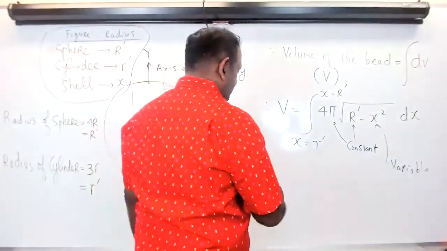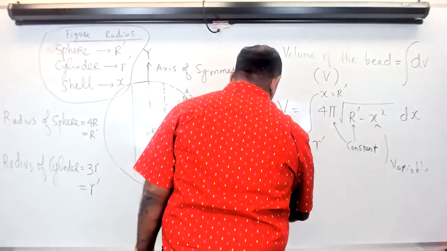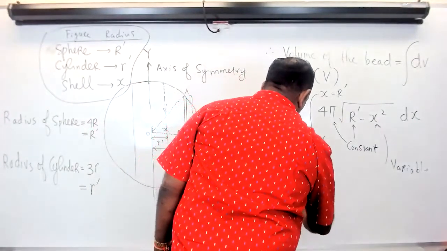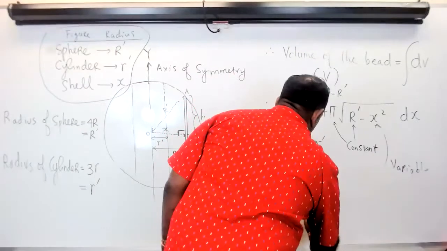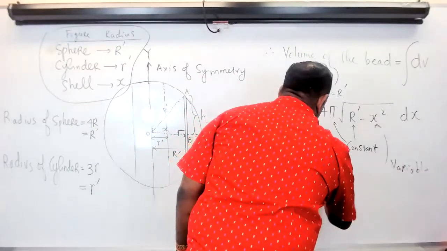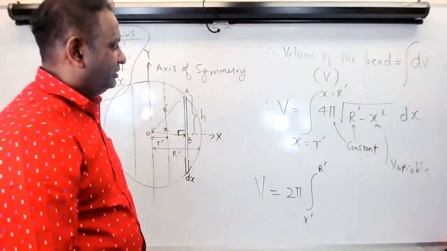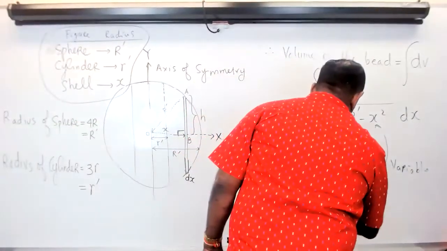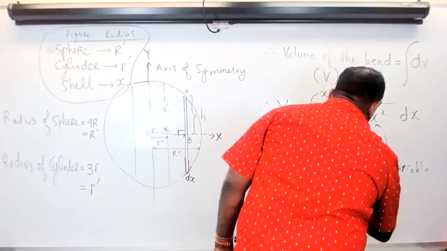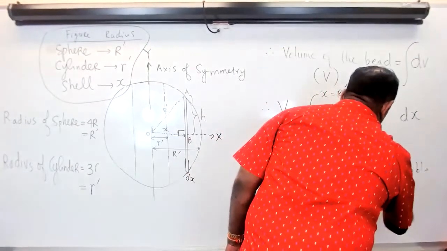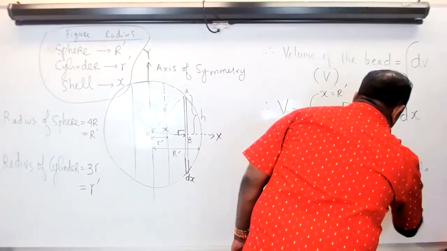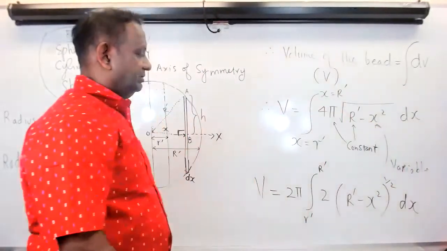I'm going to rearrange this one in a certain way. I'm going to pull out 2 pi only, keep the limits from small r prime to capital R prime, and write this one as R squared minus x squared with the aid of this notation.